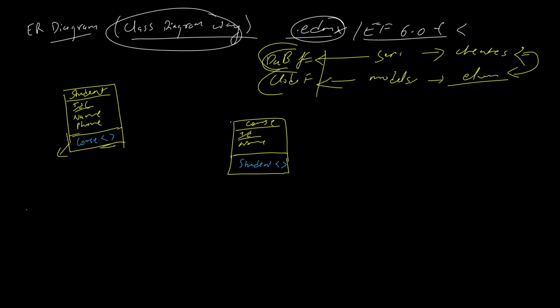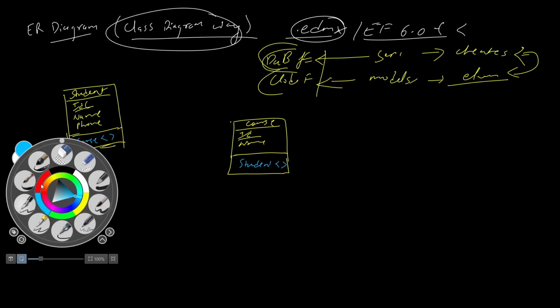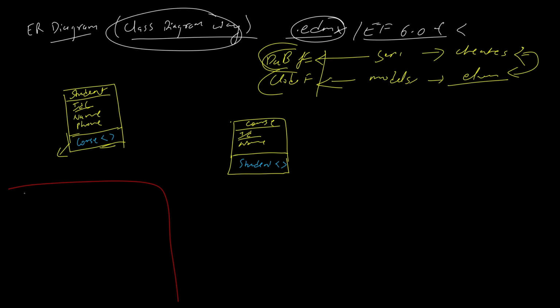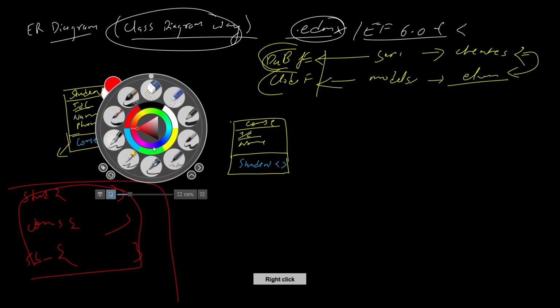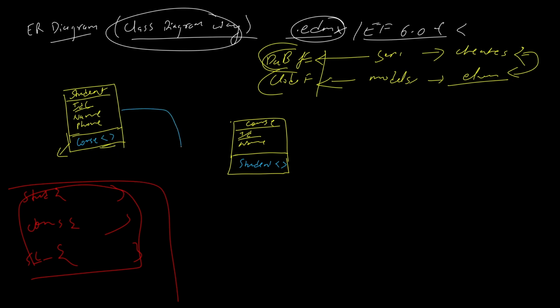But in terms of code, there will always be a student class, a course class, and a student course or student underscore course class, whatever the generation names it. The relation will simply look like a single line going from here to here.